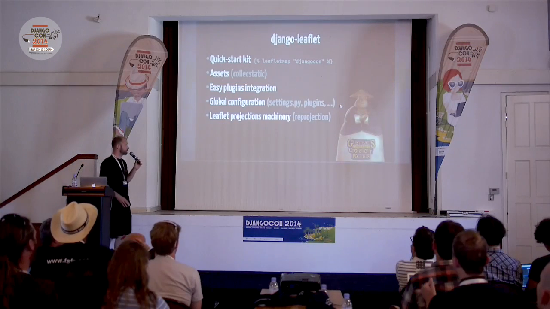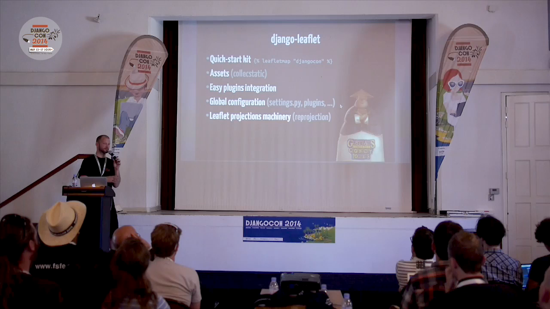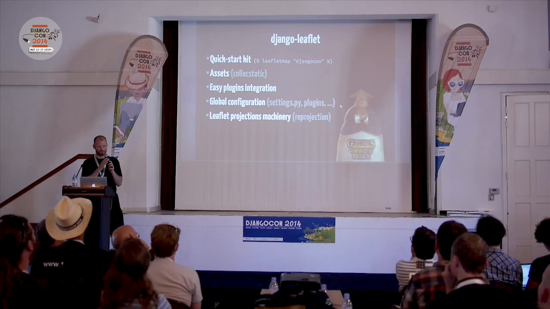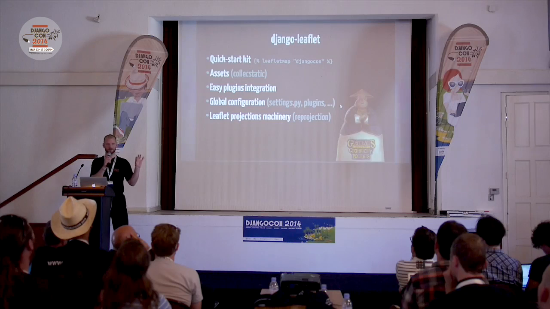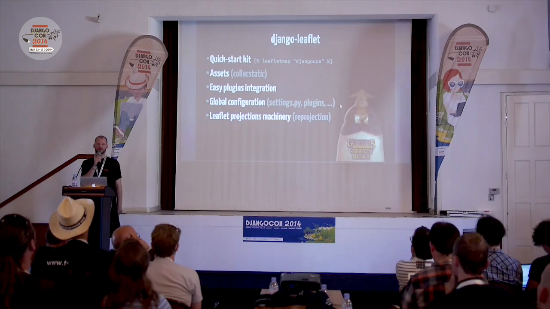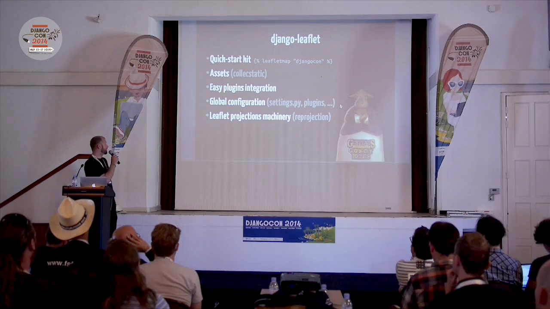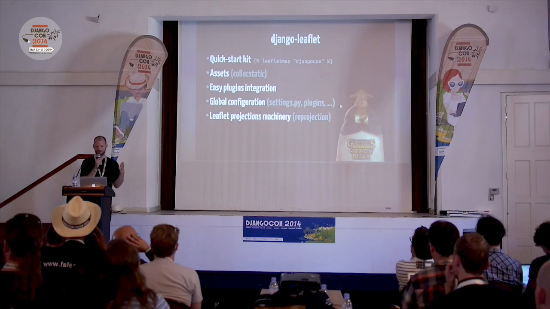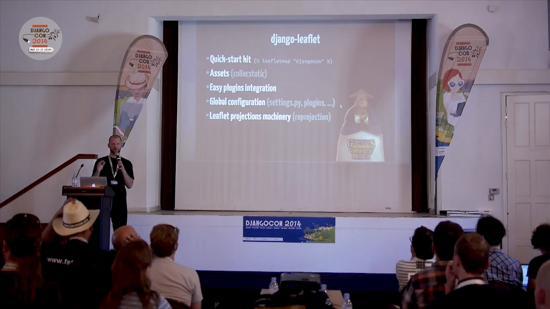And Django Leaflet, which is an integration of Leaflet and Django. Very easy to start. There is a simple template tag, you put it, and you have a map that shows up. The assets will be collected, and there is a very easy plugin integration. You can control the Leaflet plugins you want to add.